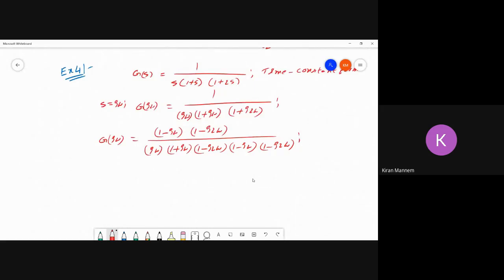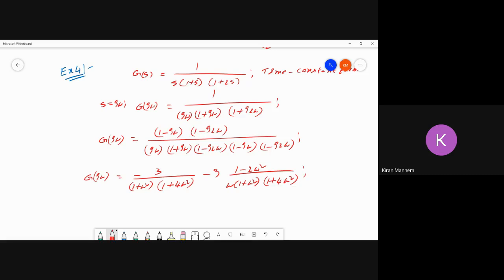So now separate the terms. Quickly do it. If you separate the terms, you'll get G of j omega equal to minus 3 by (1 plus omega square) multiplied by (1 plus 4 omega square), minus j into (1 minus 2 omega square) by omega into (1 plus omega square) into (1 plus 4 omega square).